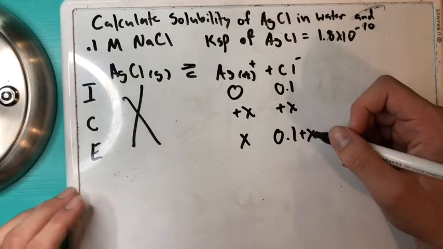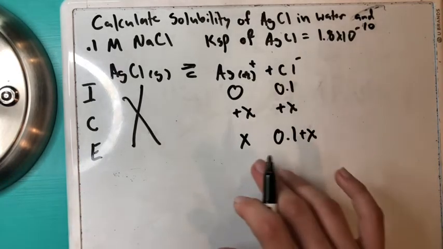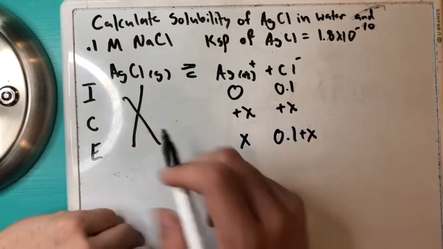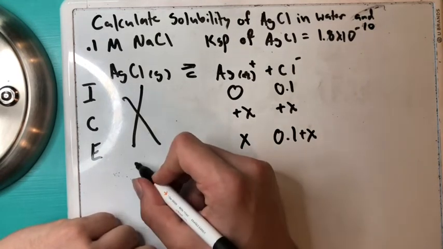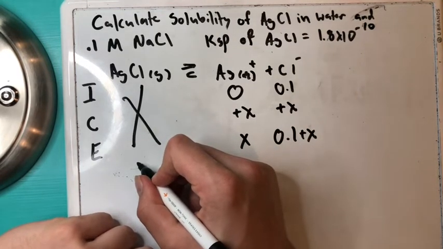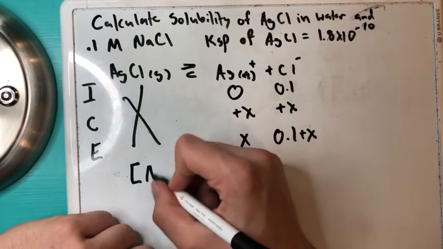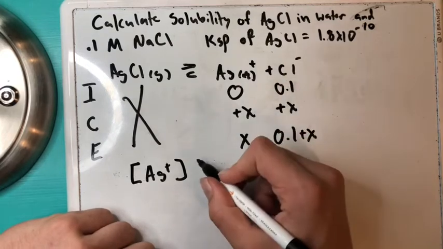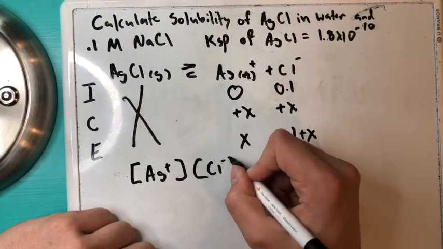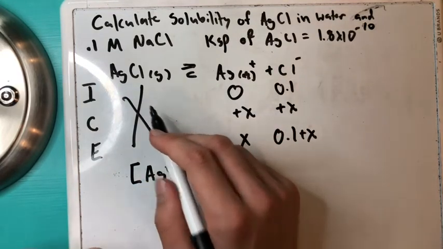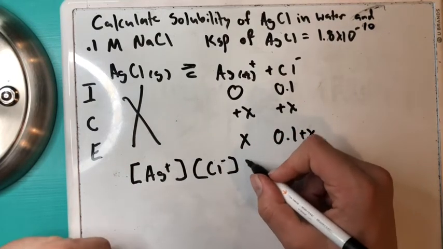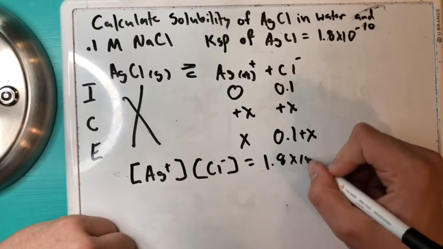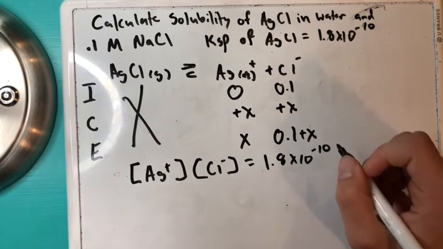Okay, so as in all the other ones, we can use these and the KSP value to find what our X's are. So our equilibrium expression is the concentration of Ag plus times the concentration of Cl minus over the reactant, which is a solid, so we leave it, equals the KSP, which is 1.8 times 10 to the negative 10th.